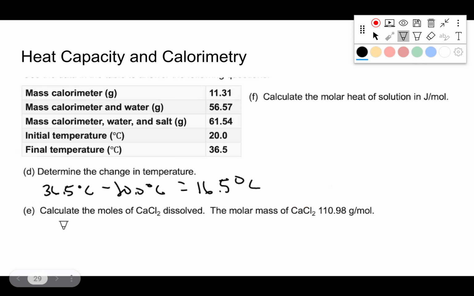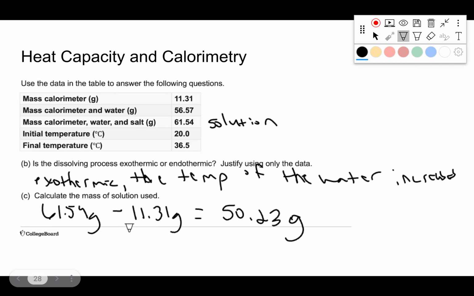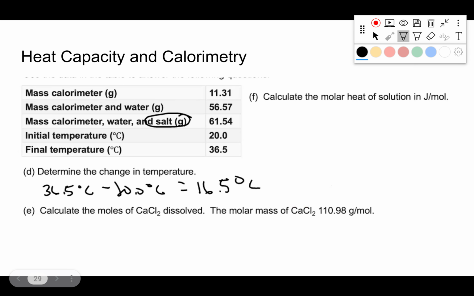I have to figure out the amount of my calcium chloride dissolved. So for this one, I'm looking for just my salt, not the solution. Remember over here it asks calculate the mass of your solution that's used. This one is asking for the salt specifically. And so for this one, I'm going to have to start by finding out how many grams of salt I have.